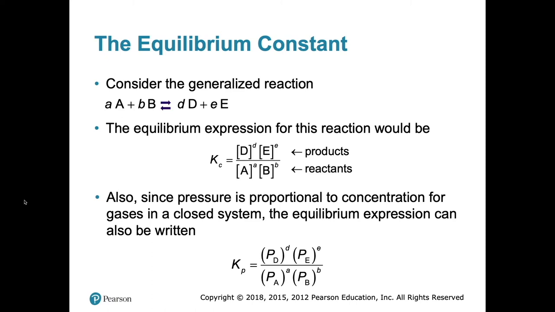And little d is the coefficient for big D, and little e is the coefficient for big E. How's that a little bit different from the kinetics one?